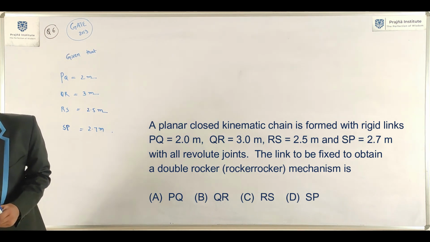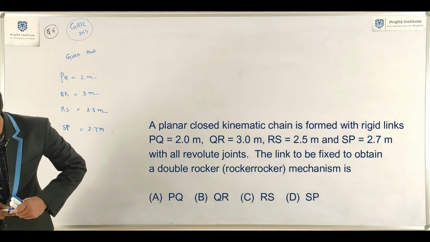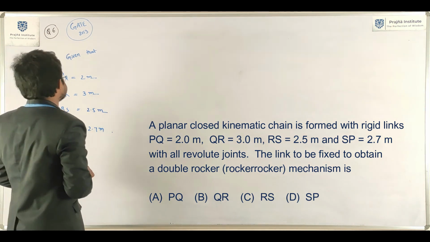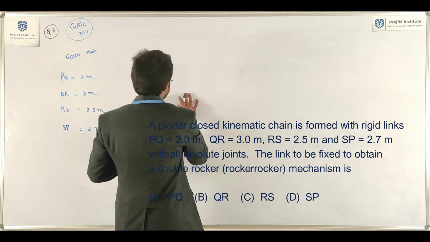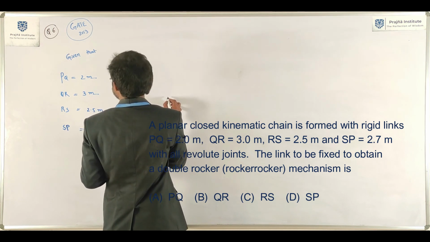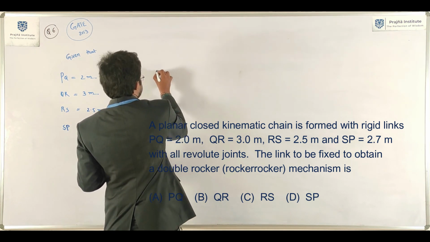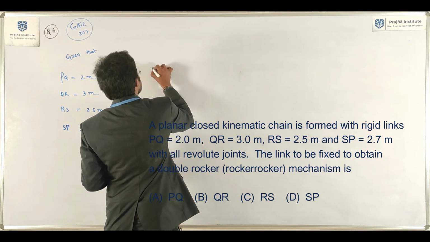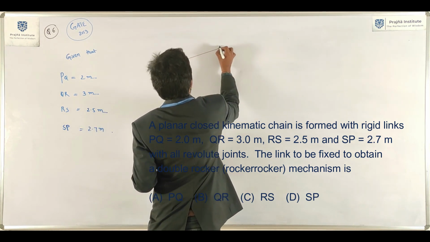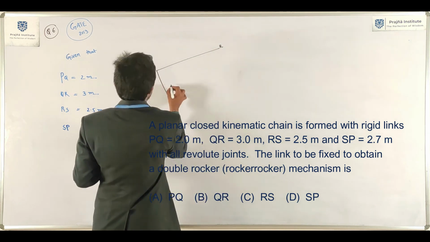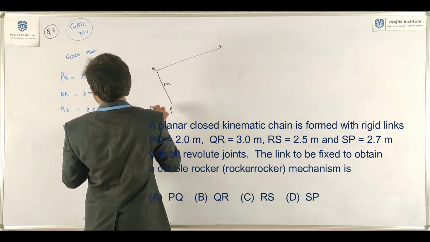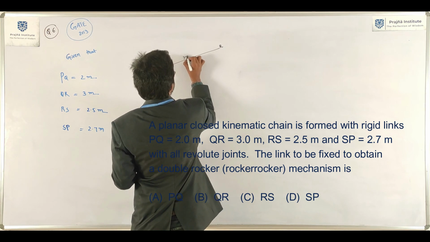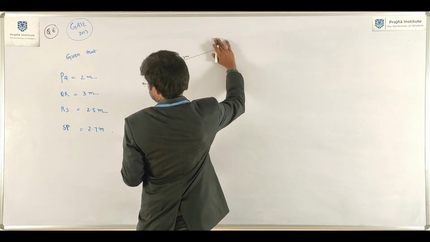The question: which link is to be fixed to obtain a double rocker mechanism? Okay. So here I am taking this particular thing as P, Q, R. Okay, so it is 2 meter. It is 3 meter, a little high.